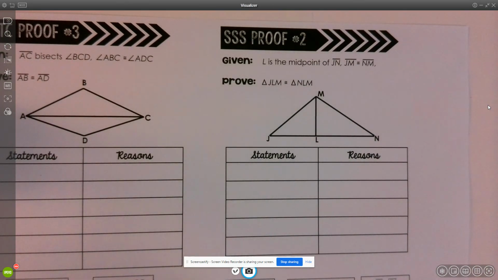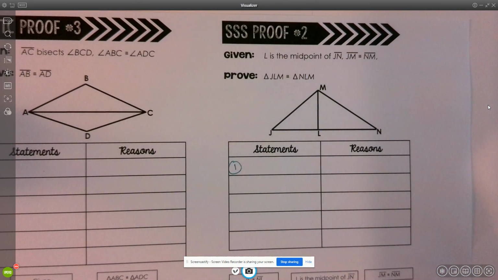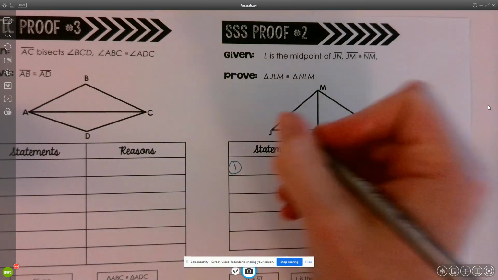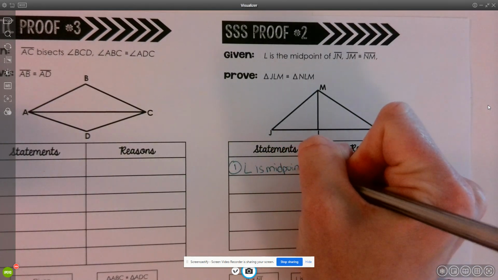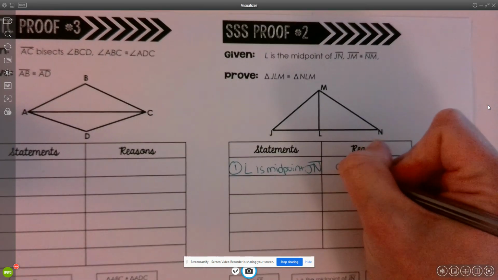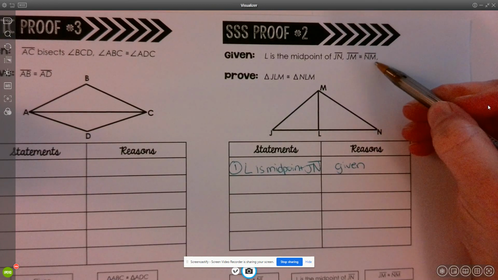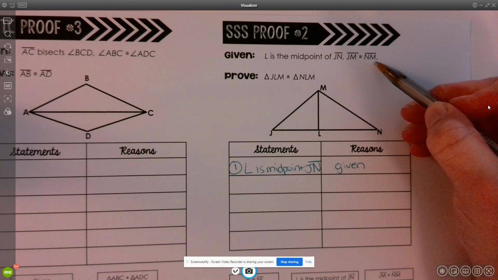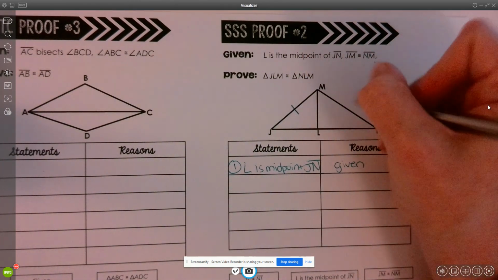All right, our first given. L is the midpoint of line segment JN. We are also given that line segment JM is congruent to line segment NM.